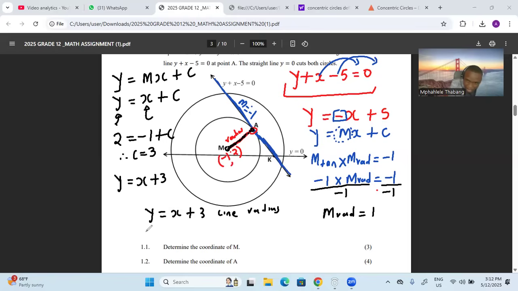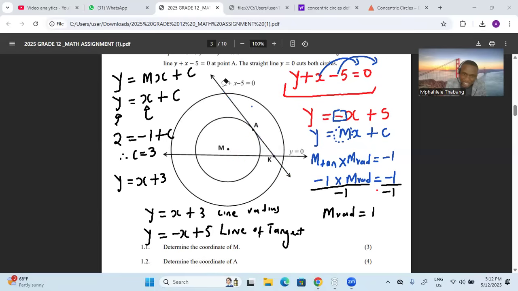And I have y equals -x plus 5, which is a line of tangent. Now I'm going to solve these two equations simultaneously to find the point of intersection A, because the two lines meet at A.